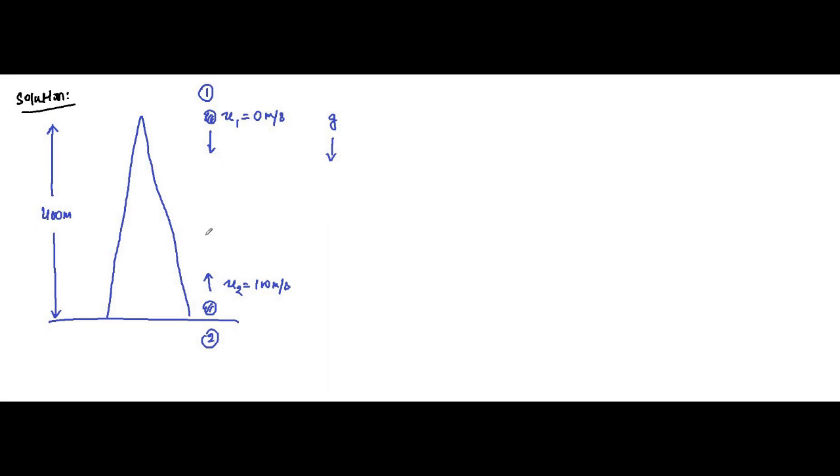Let us say the two stones meet at this point. Let's say the distance from the top of the tower to this point is h. So the remaining is 400 minus h meters.